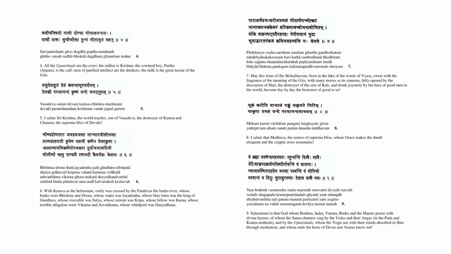So all these are Visheshanas to Nadi. This Nadi having Bhishma and Drona as banks, Jayadratha as the water, Gandhara as Nilotpala, Shalya as crocodile, being flown by Kripa, having agitated tides by Karna, Bhayankara Makaras as Ashwathama and Vikarna, and the whirlpool of Duryodhana.